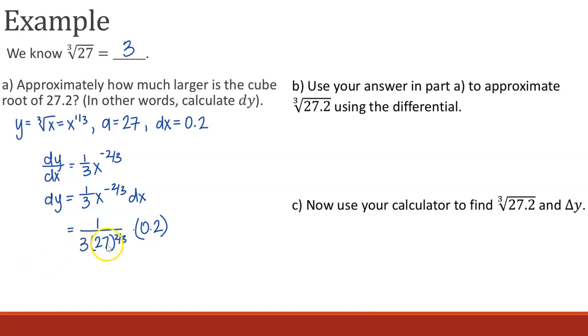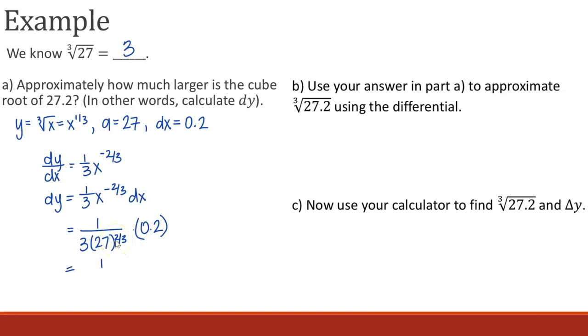So let's go ahead and evaluate 27 to the 2/3. The easiest way to do this is to think about it as first the cube root of 27. So we're thinking about the cube root part first. The cube root of 27 is 3, and then we'll handle the squaring part. So 3 squared is 9. So 27 to the 2/3 is just 9.